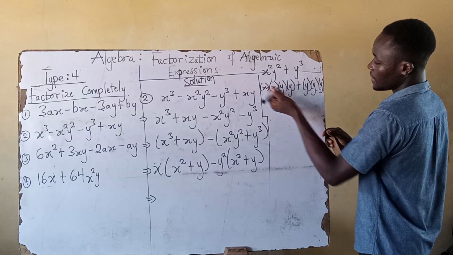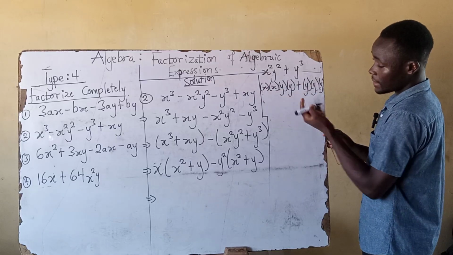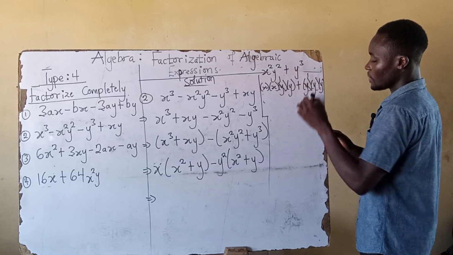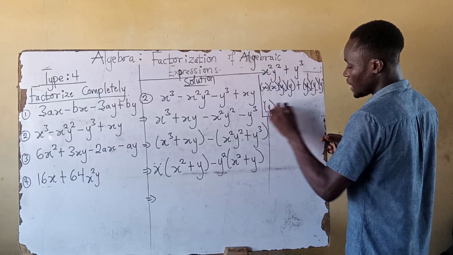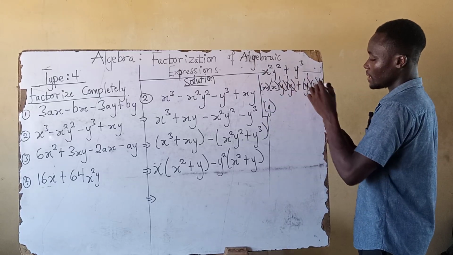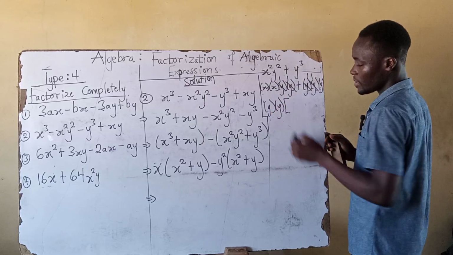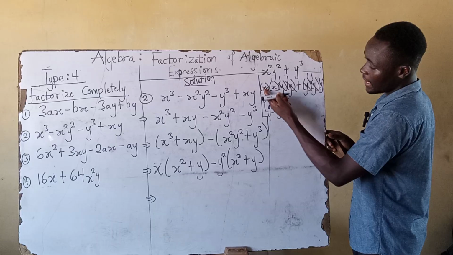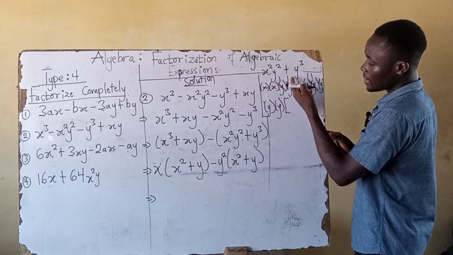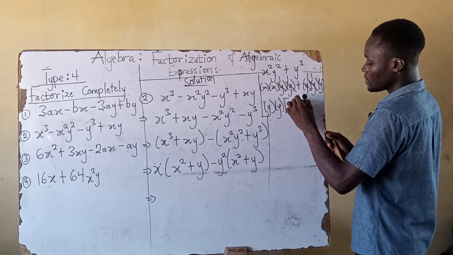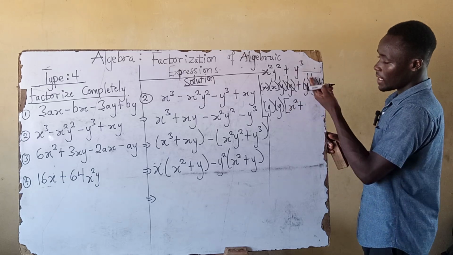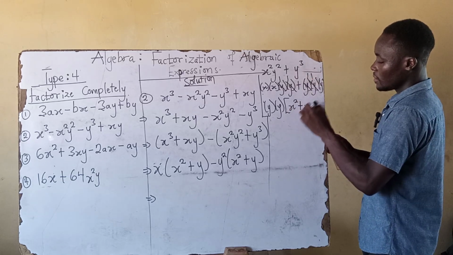Here x is here, there's no x, but there's y here, there's another y. So y comes out as a common factor, there's another y here, there is another y here, so another y comes out as a common factor. I'll open my big brackets and write down what I have: x times x is x squared times 1 is x squared, plus over here is left with 1 times 1 is 1 times y gives me y.